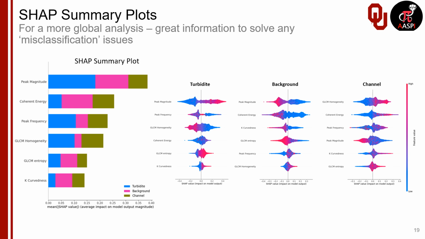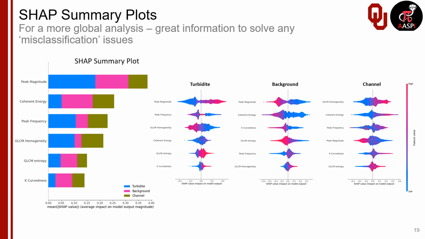We can also look at it in these violin plots that I'm showing on the right-hand side. And so these show you how it breaks down with a little bit more nuance, which I've found very helpful in my analyses. So looking at turbidites, you can see on the top of the violin plots that blue, for peak magnitude, means a low value.